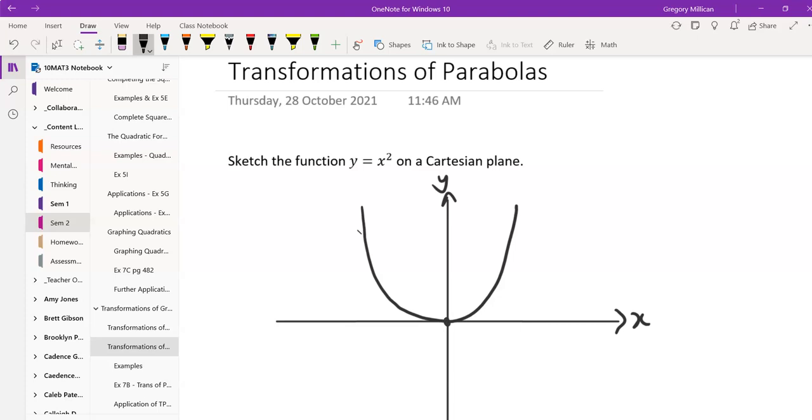So we're going to label that point because it's such a key piece of information. Whenever we're identifying parabolas, we need to identify three key pieces of information: x-intercept, y-intercept, turning point. In this case, they're all at the same place. So once again, that is our first piece of information that we need to recall. What does y equals x squared look like? That. Cool?